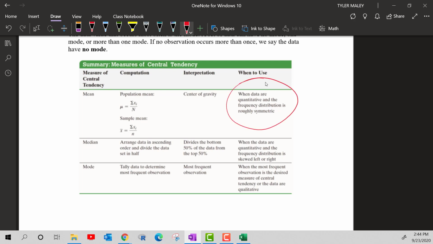So it says that here. Where the median is best to use if you have skewness going on, skewed left or right, right? So we use mean for symmetric distributions, and if we have a skewed distribution, we're going to use median, right? So that's important to remember as well.